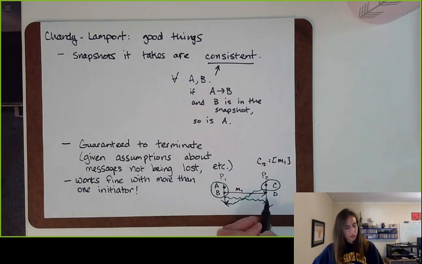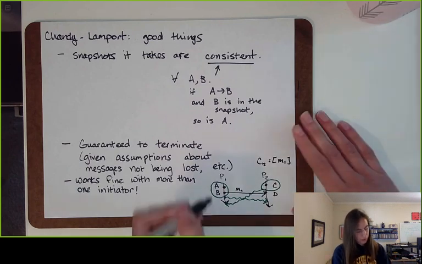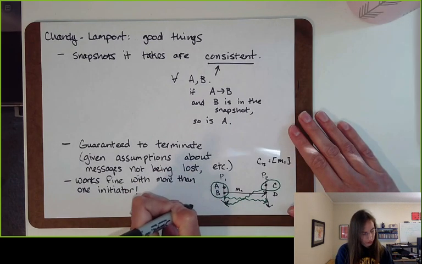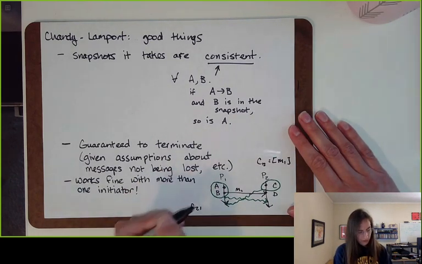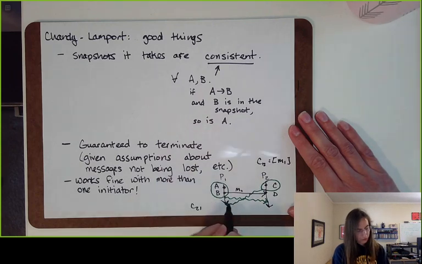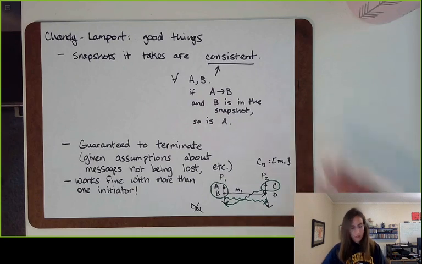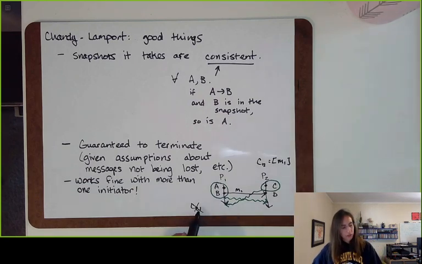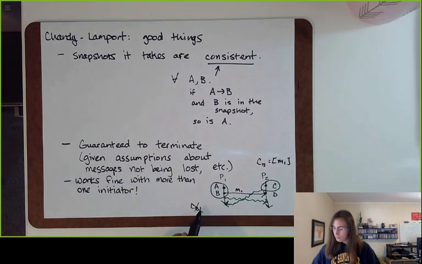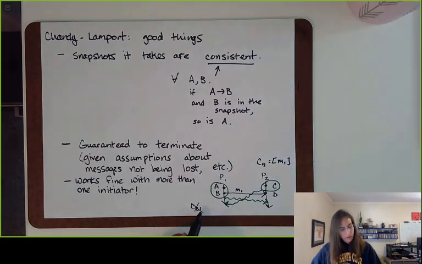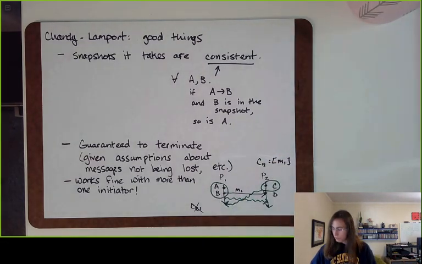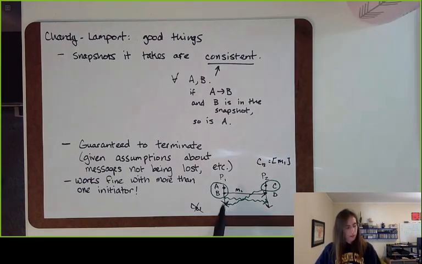They get each other's markers, and then they stop recording. So P1 was also recording on channel C21, but it didn't have anything to record because there were no messages received on that channel. So C21, that channel, its state ended up empty. Everybody finished recording their channels and everybody took a snapshot of their state, and we have a complete snapshot, and it's a correct snapshot. It's consistent.